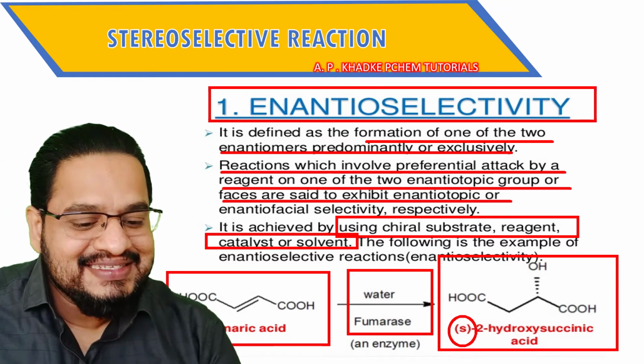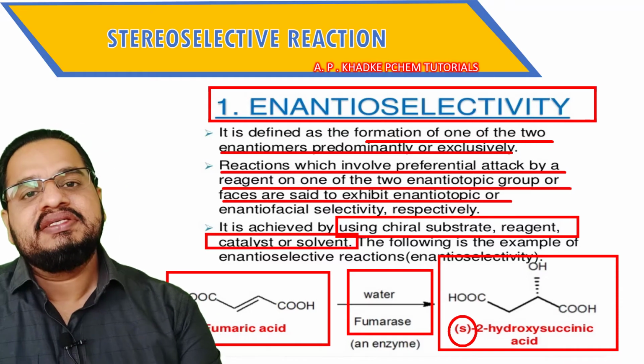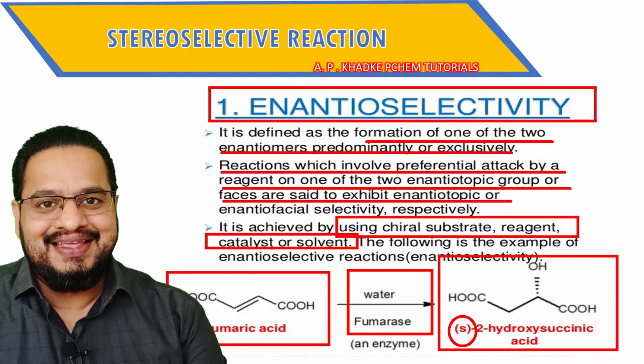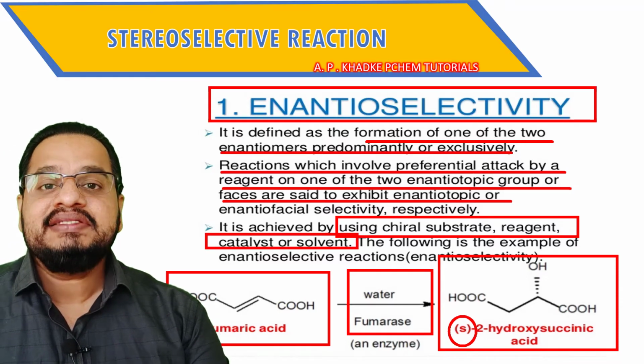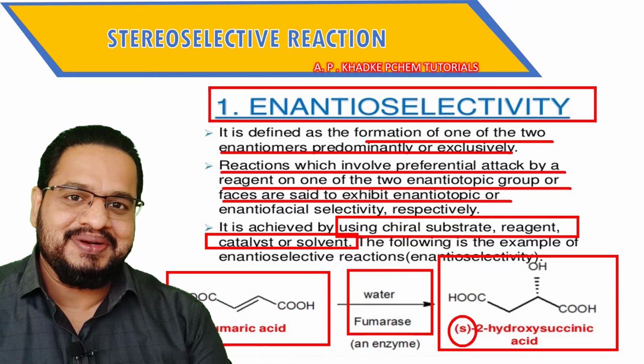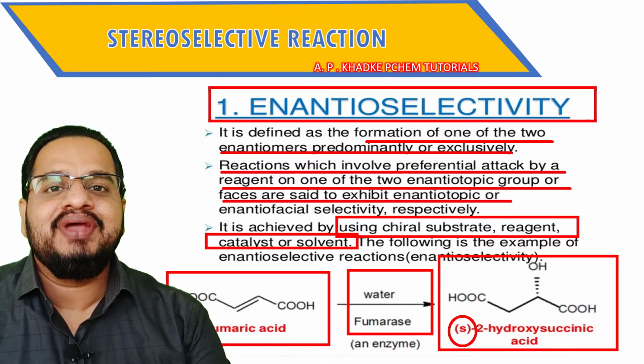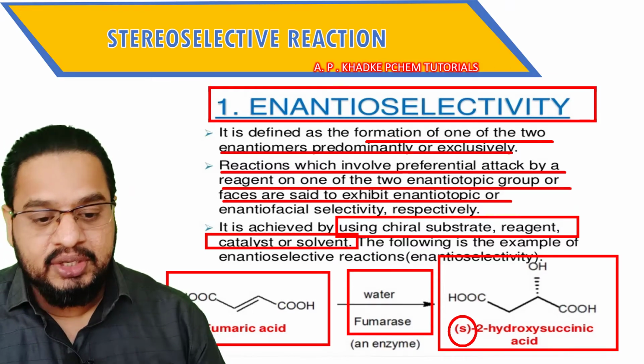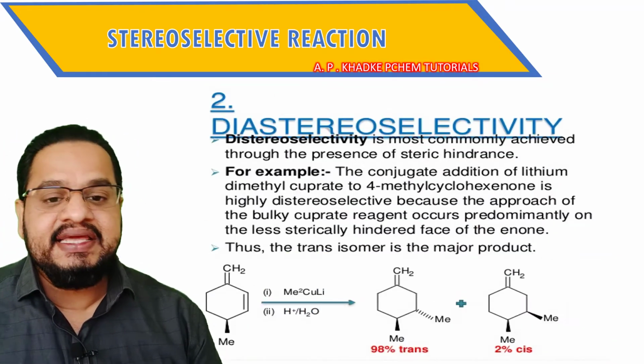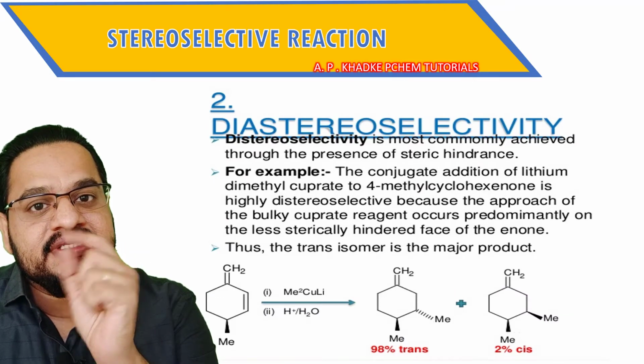Check this, that is S-2-hydroxysuccinic acid. Here the S isomer has formed, not the R isomer. Understand? So this reaction is a stereoselective reaction. Means what? The end product which is going to form is the selective one.